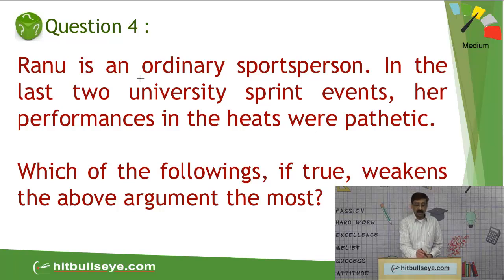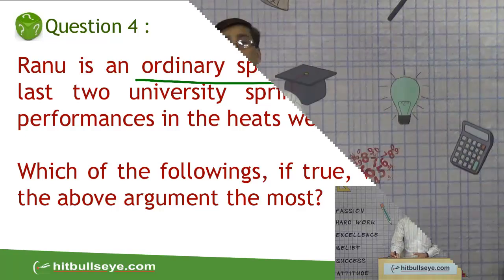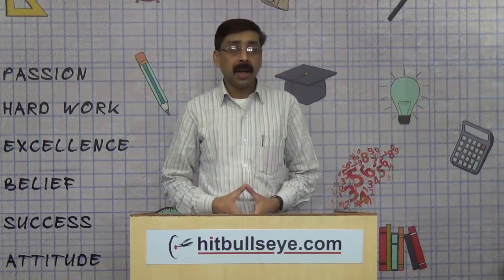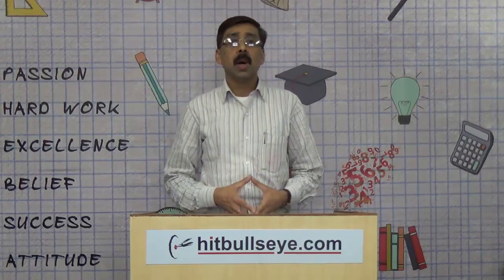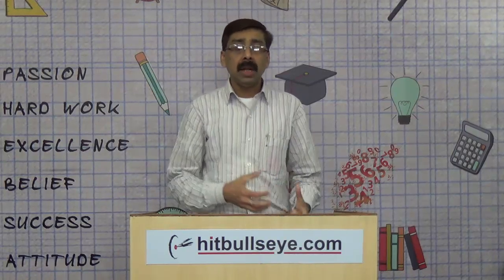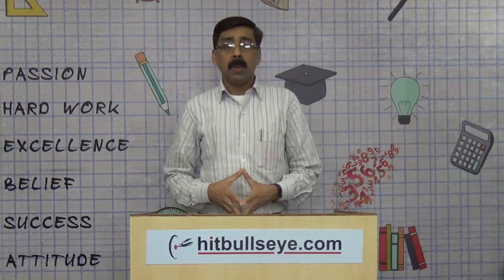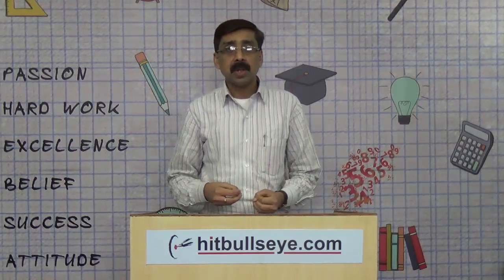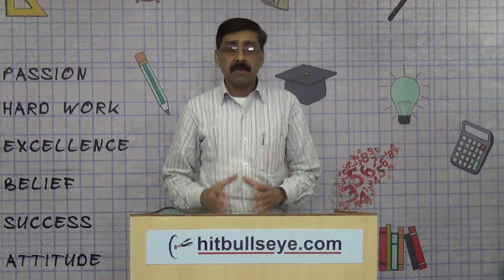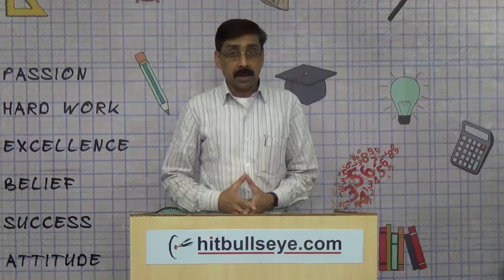The conclusion is that she is an ordinary sports person, and this one is a fact. The assumption made by the author here is that recent performances will decide the value or tell the quality of an athlete or sports person. We need to pick the choice where we can hit that recent performances will not decide whether the athlete or sports person is fine or not.